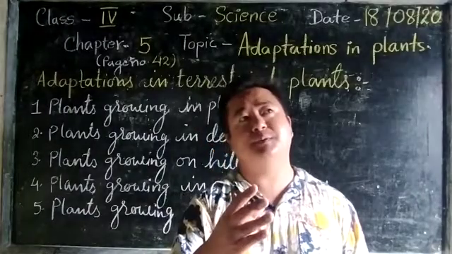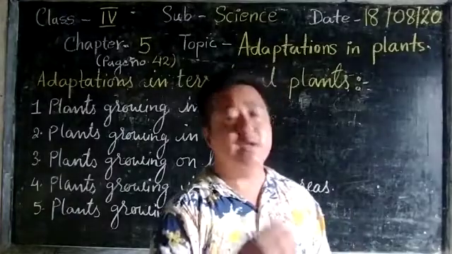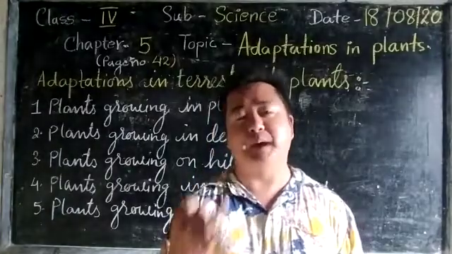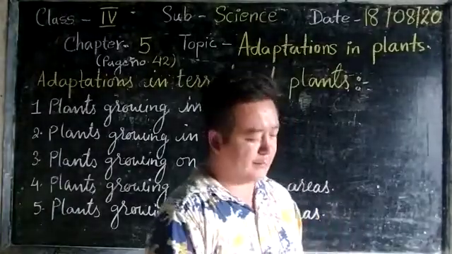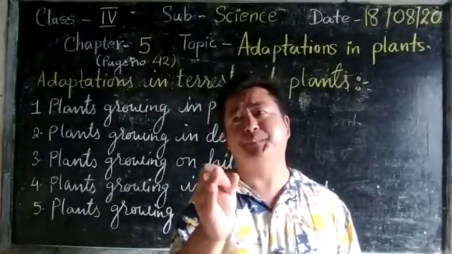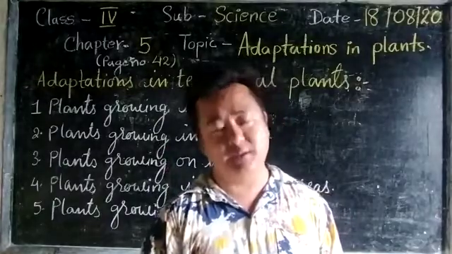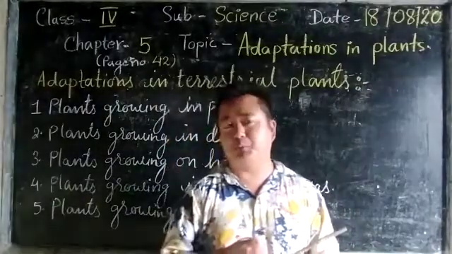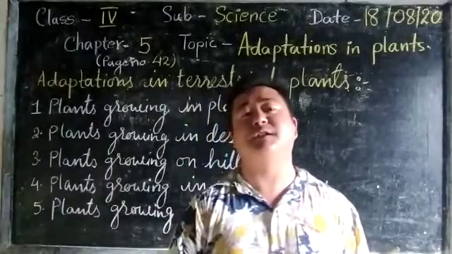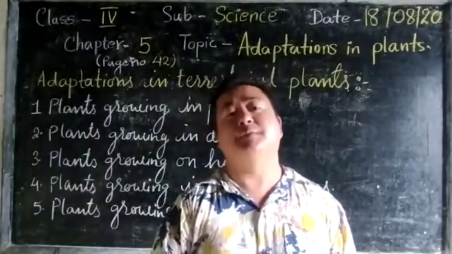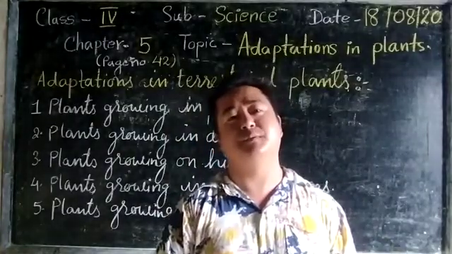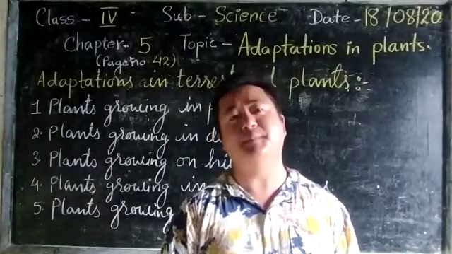Examples are mainly mango trees, bamboo, and ashoka trees, which we find in the maximum in the plains.